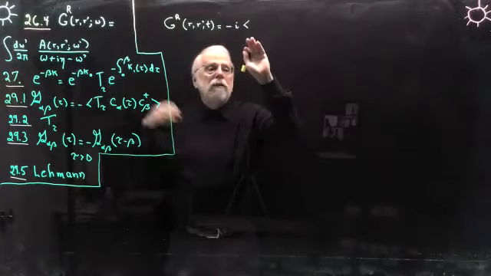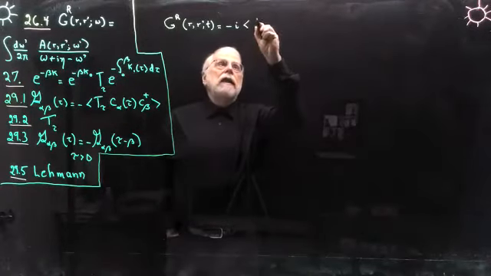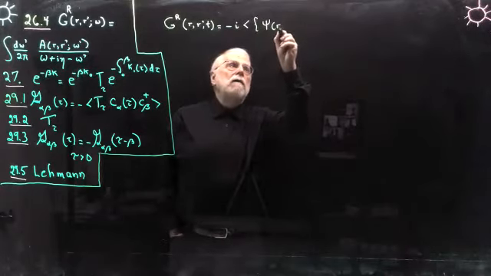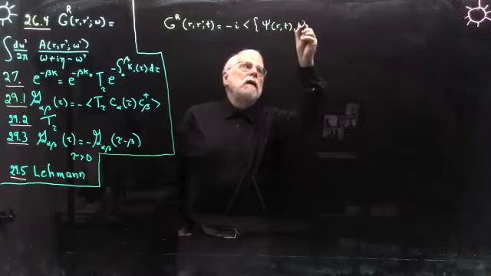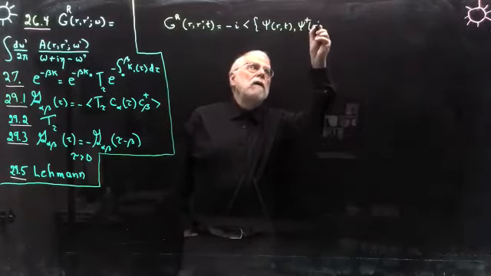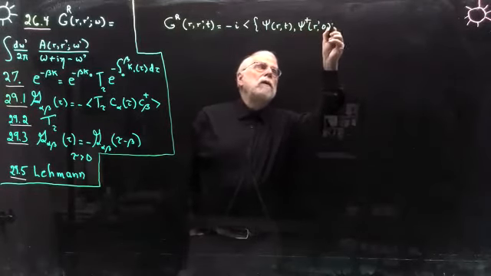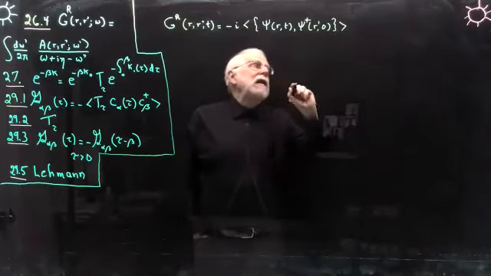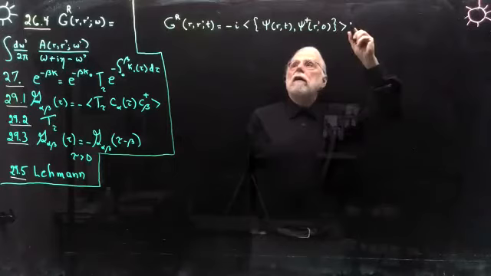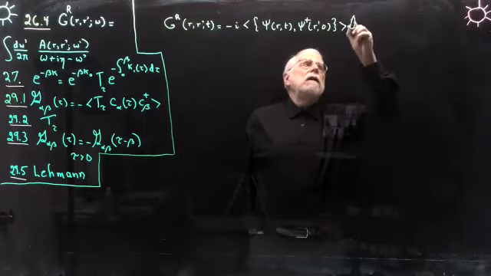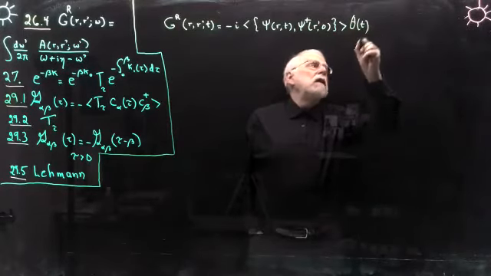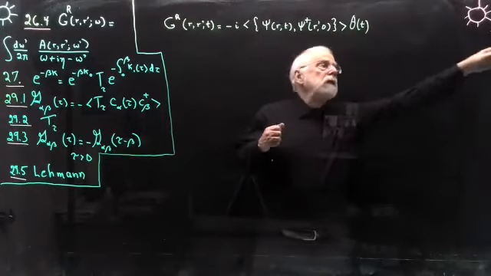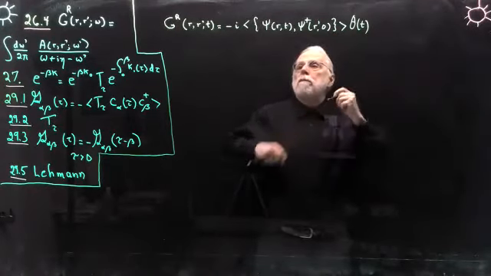So it's a thermal average of the anti-commutator of psi of R, t, psi dagger of R prime, 0, times theta of t. I'm lacking space here, unfortunately.